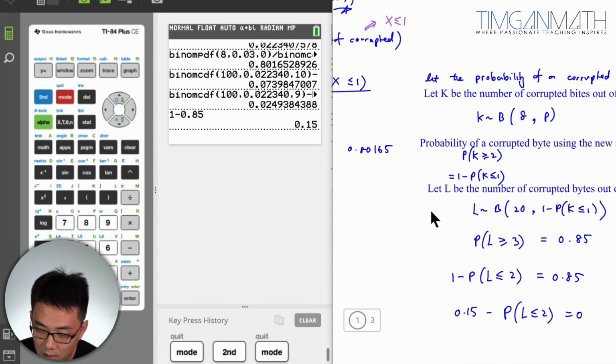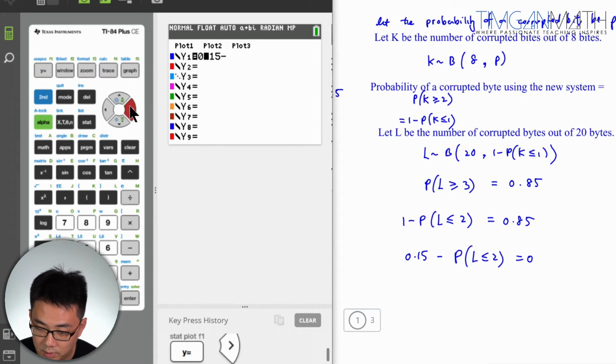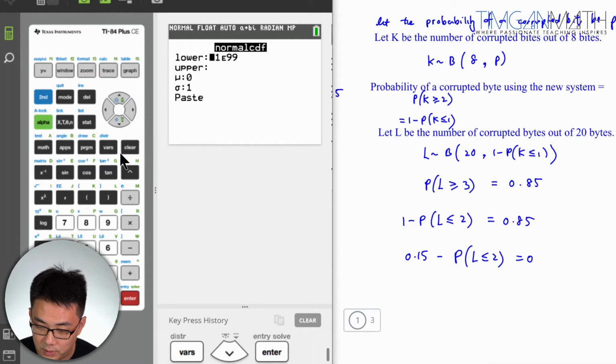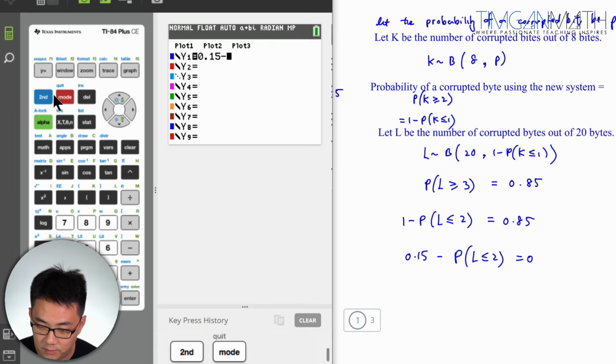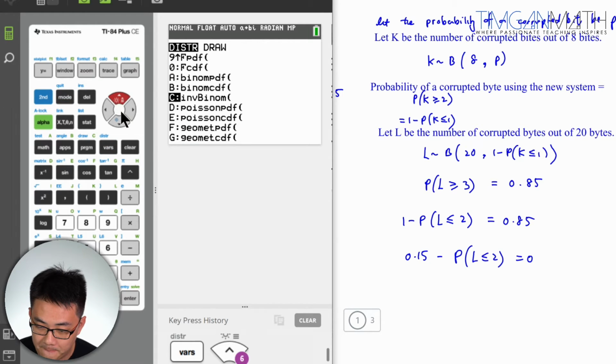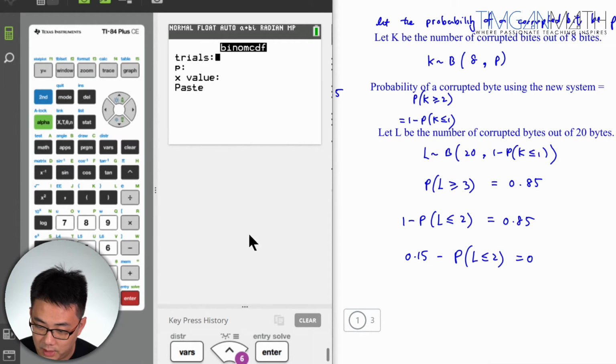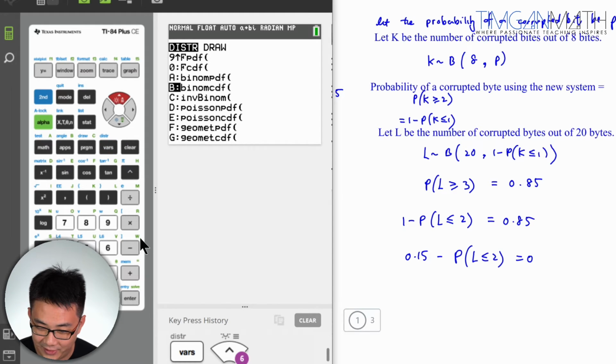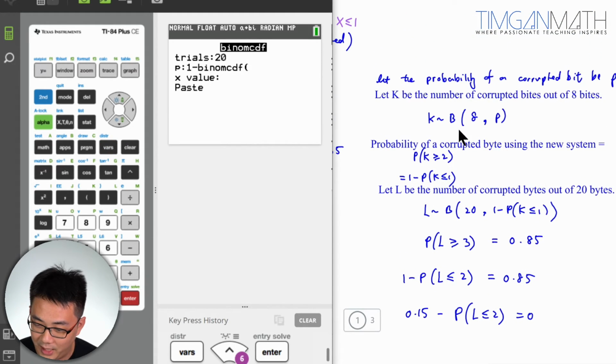I need to key this in. So I repeat, go to here, then I'll put in this second distribution, binomial CDF, because I'm keying this in. Not normal CDF, binomial CDF. Then I'll put the trials as 20, and this I'm going to put as 1 minus the second distribution CDF again, but this time the CDF will be 8 comma X comma, and putting this as 1.